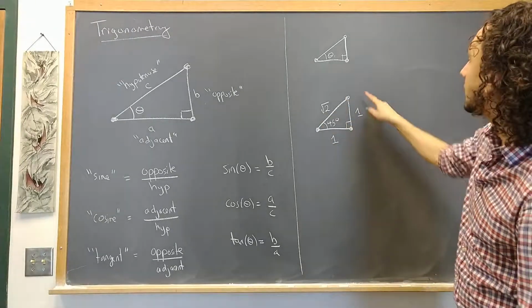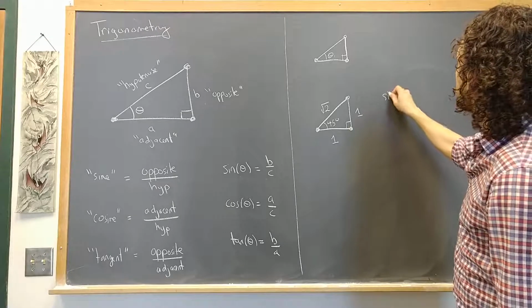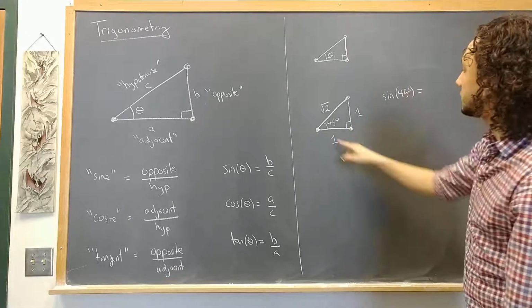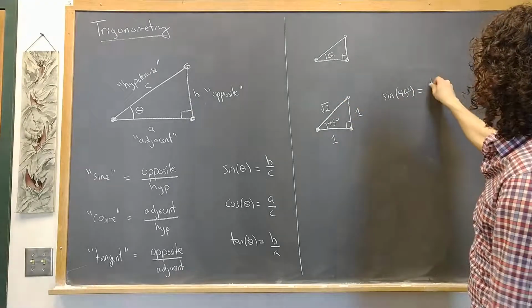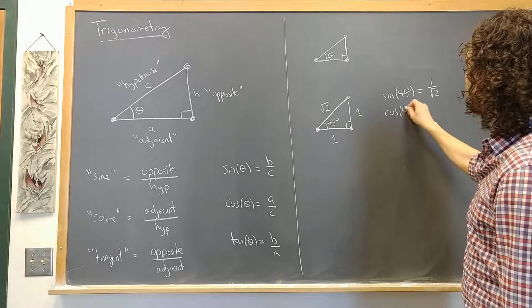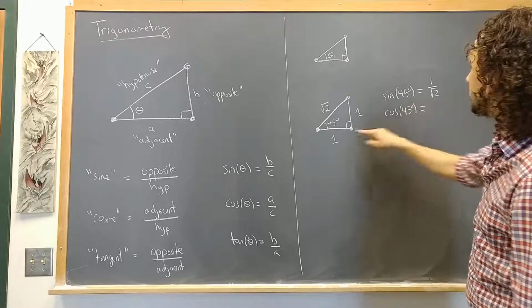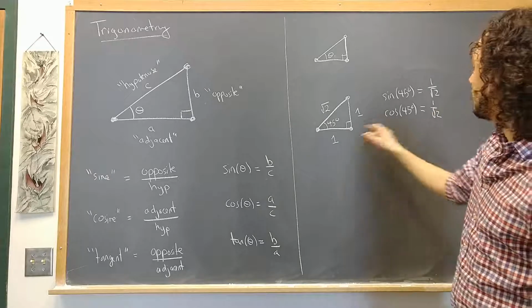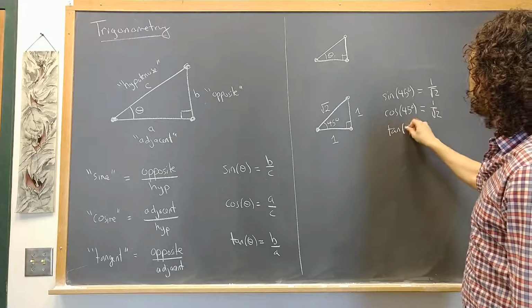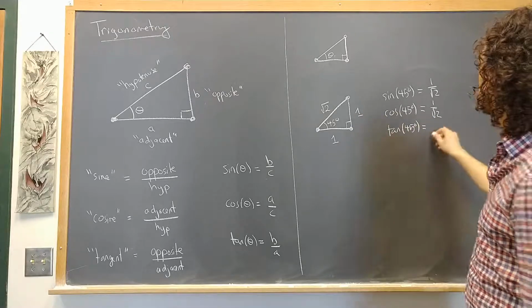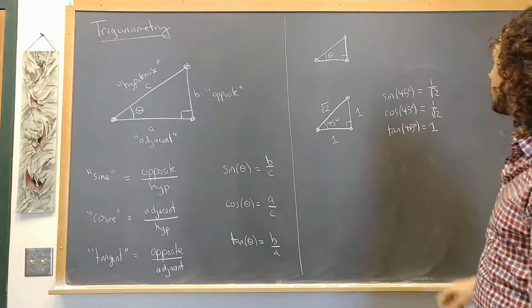Now, if this is the picture I'm using, what I get is the sine of 45 degrees is equal to opposite over hypotenuse, 1 over the square root of 2. And the cosine of 45 degrees is equal to adjacent over hypotenuse, also equal to 1 over the square root of 2. And the tangent of 45 degrees is equal to opposite over adjacent, 1 over 1. So just 1.